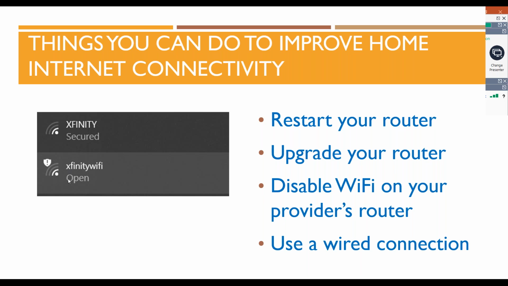This is broadcast from the same device. This is your home router that broadcasts your internal secure network and also the Xfinity public Wi-Fi. So what I suggest is to turn off Wi-Fi altogether on your router and purchase a separate router for your internal Wi-Fi. That way, other people can't connect to your network and take some of your bandwidth.